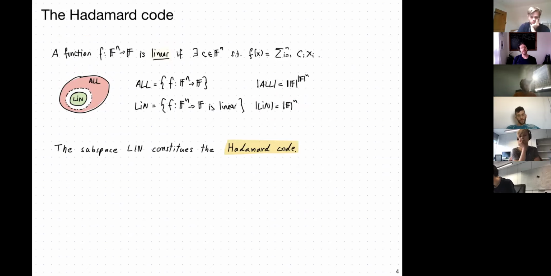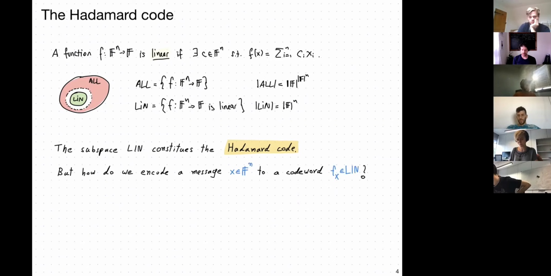And in fact, if we look just at the subspace which consists of all functions which are linear, this is the Hadamard code. The Hadamard code is defined to be the truth table of all linear functions defined over some finite field. But this doesn't tell us how one encodes a message using the Hadamard code, right?